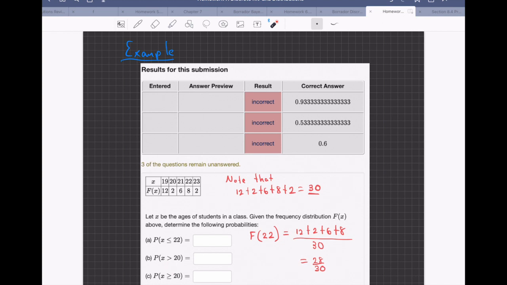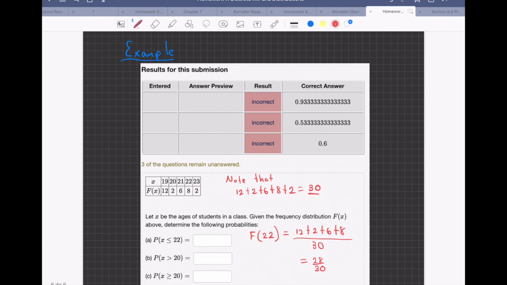If you compute this, you will realize this is the same as this. Strictly greater than 20. In this case, we have to count the frequencies for the outcomes greater than 20. This is 20, so greater is 21, 22, and 23. Count the frequencies: 6, 8, 2.